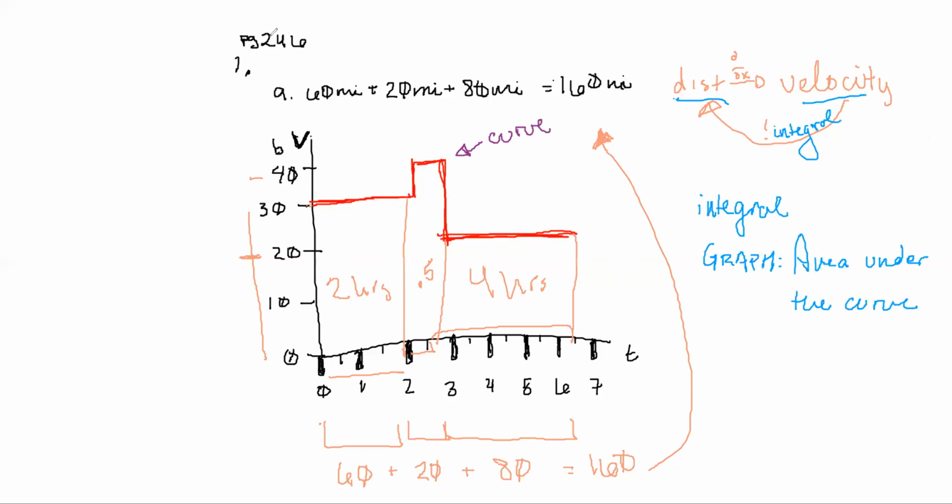So we found the area under the curve. We know that because the area under the curve is the integral, and the integral is how we go backwards from velocity to distance, that distance is represented in terms of this on our graph. And we solved the problem.